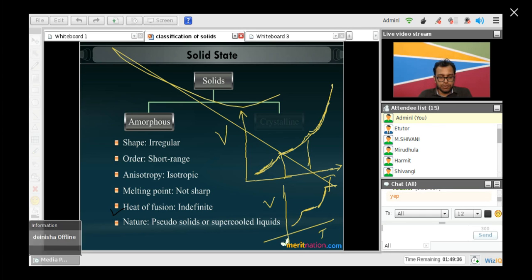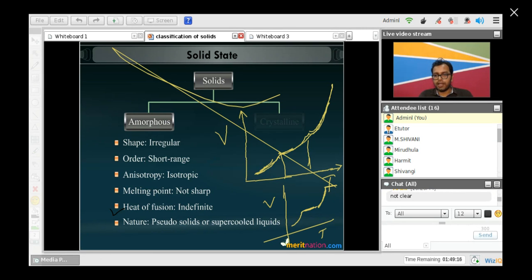So heat of fusion is always defined in terms of amount of heat required per kg or per gram, right? So a specific amount of matter, so it is corresponding to the heat required to convert a specific amount of solid into the liquid state. So that is called heat of fusion.